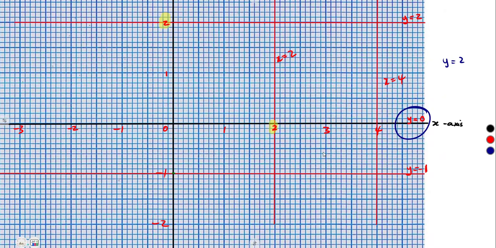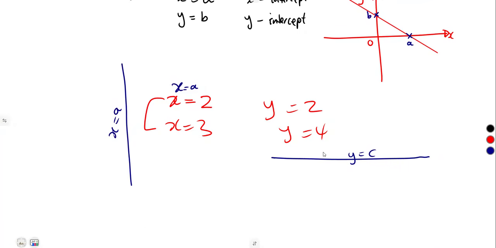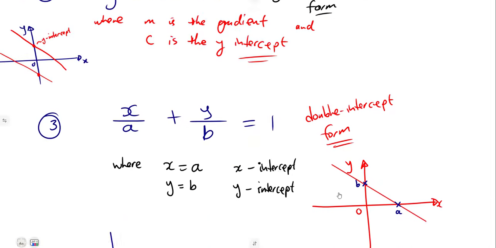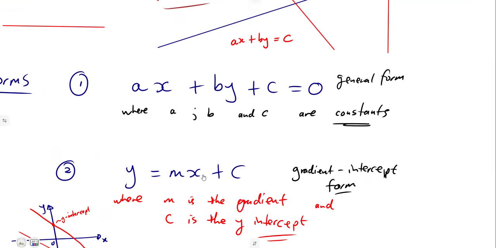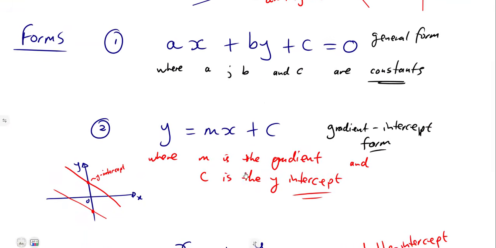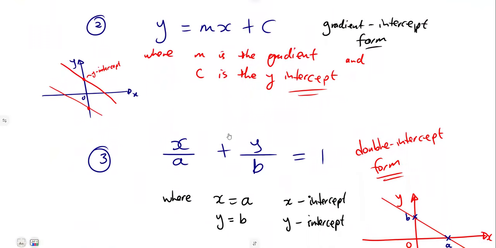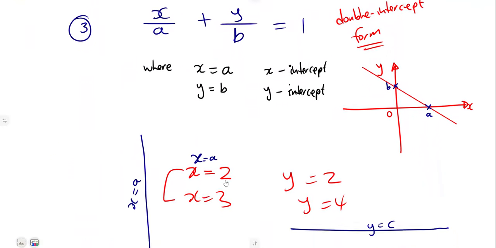So these are horizontal and vertical lines. We do not have any special method that we can say, use this method to draw them. So that's why I explained them. But the rest, going back to these forms that we have indicated above, there are ways to draw or to plot those lines.